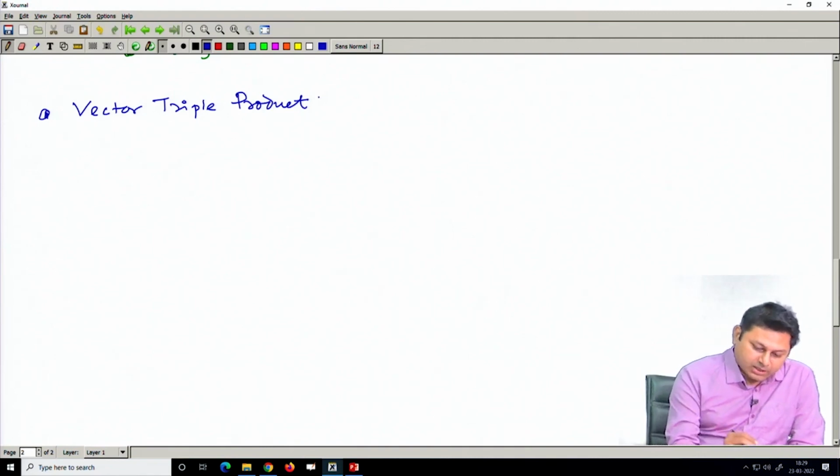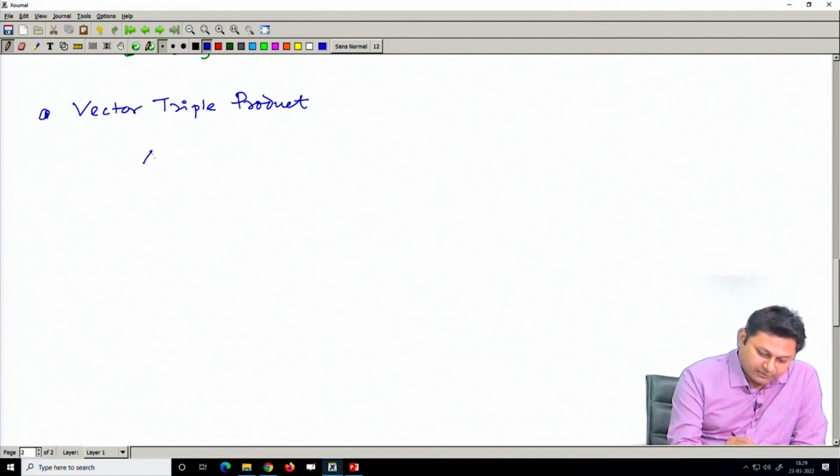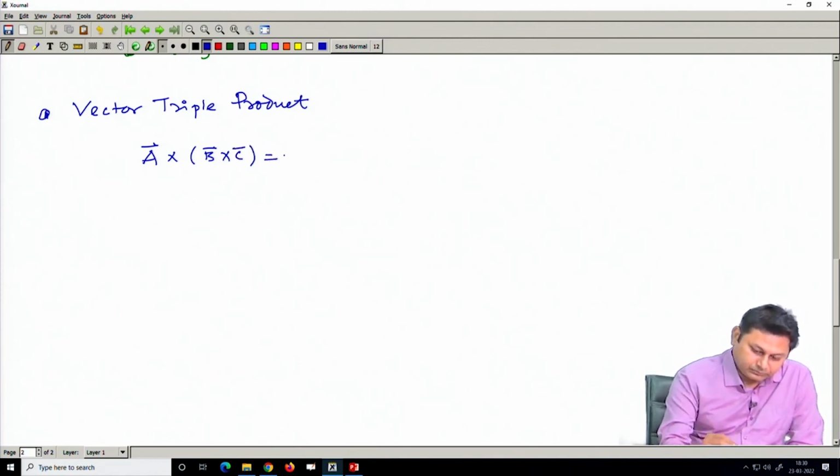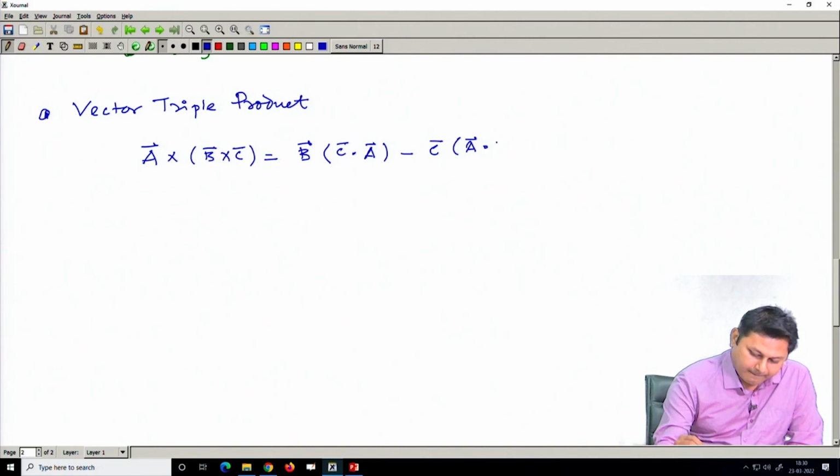For the vector triple product, we have a very interesting identity: A cross (B cross C) is equal to B (C dot A) minus C (A dot B).